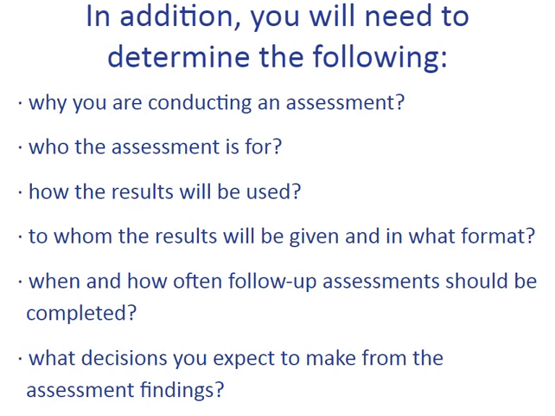So one of the other things that we need to determine when we're thinking through outcome statements are answers to a few other questions as well. And this goes back to last week when looking at assessment planning, is that we need to make sure that we know why we're doing any particular assessment activity. We need to know who is this for?